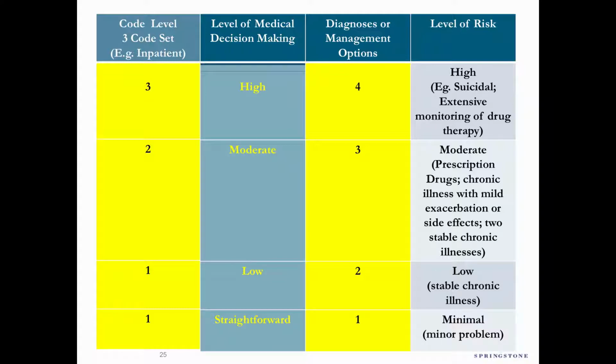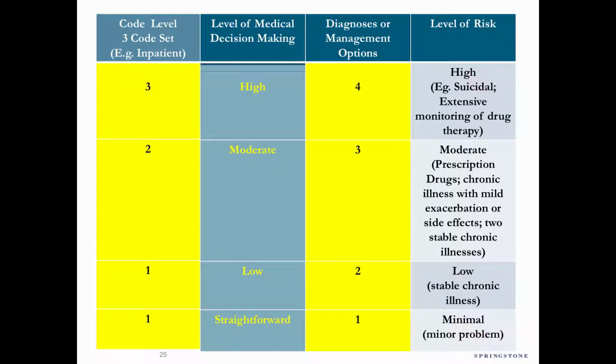Well, if you're dealing with a code set that has 3 levels, and right off the top of your head you can probably think of inpatient, that has 3 levels for both the initial evaluation and 3 levels for progress notes.